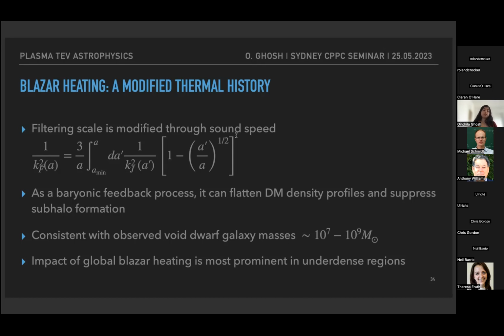And this could be considered a baryonic feedback process, as it can flatten the dark matter density profiles and suppress subhalo formation, therefore posing as a resolution to the small scale crisis in cosmology.